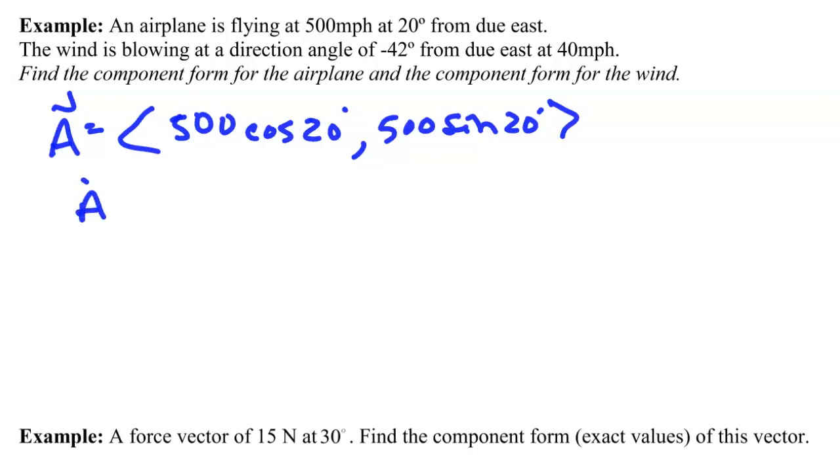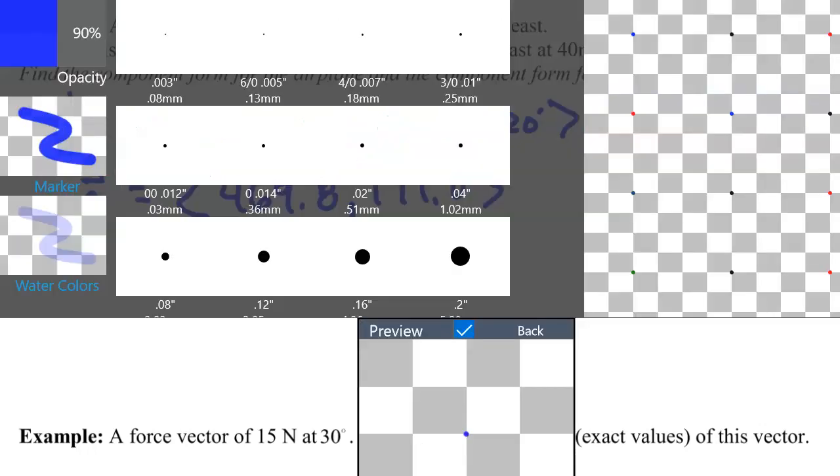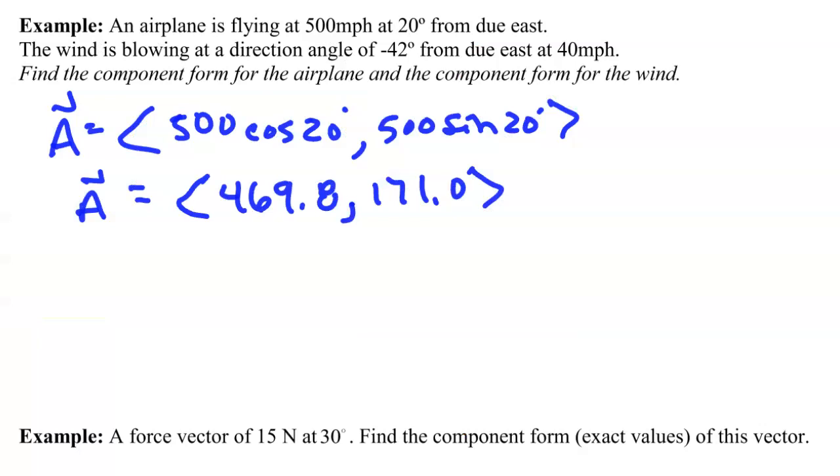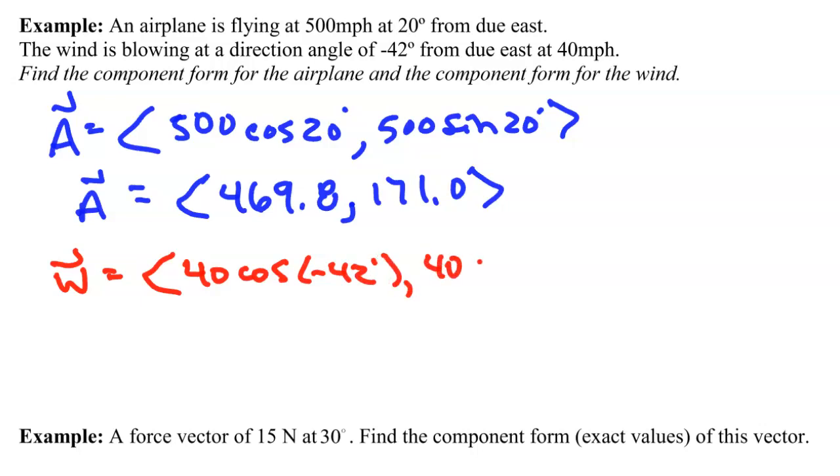I get for the airplane 469.8, comma 171.0, and for the wind, I get 40 cosine of negative 42 degrees, and 40 sine of negative 42 degrees.